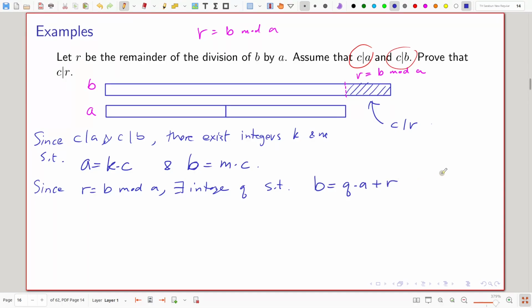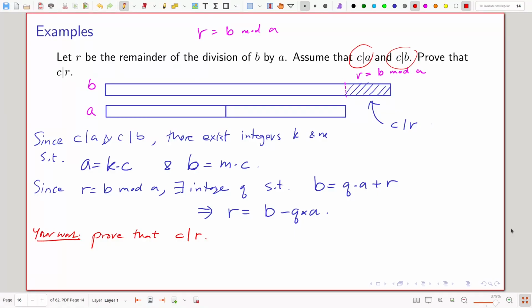So this is the definition of remainder. Okay? So there's some integer Q times A, and then you subtract it from B, and then you get R. Right? So R is what's left. Okay. So this implies that R equals B minus Q times A. Now, can you prove that C divides R? From this, can you prove that C divides R?